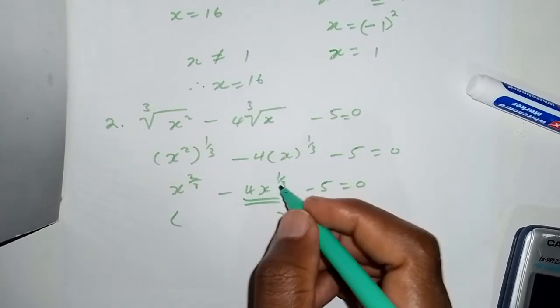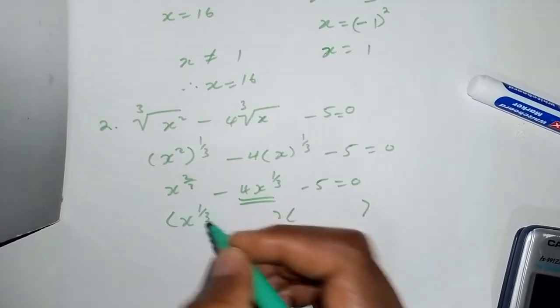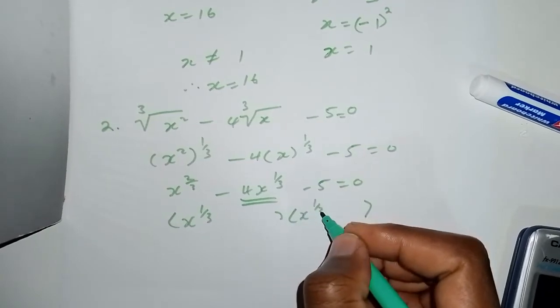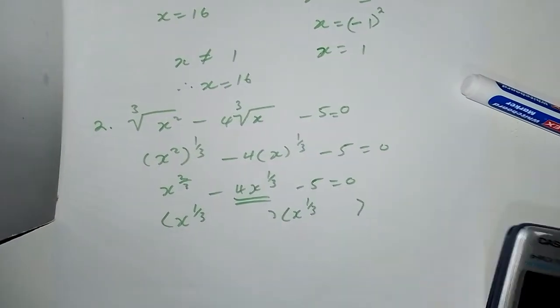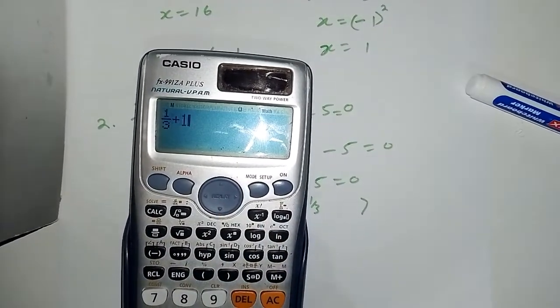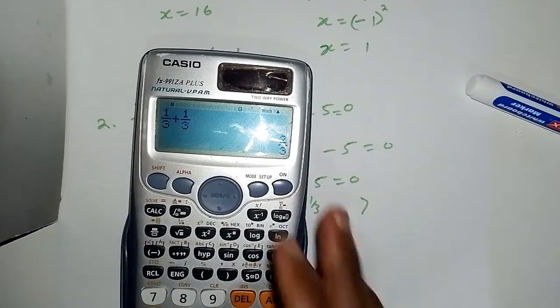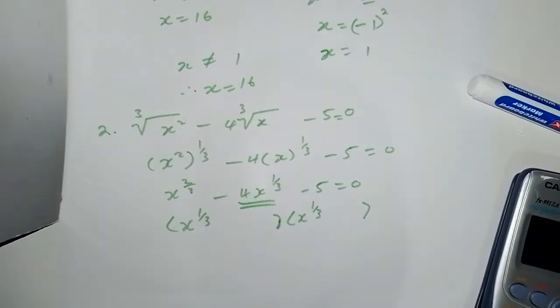If you have a middle term of 1 over 3, just know you're going to have x to the power 1 over 3, x to the power 1 over 3. 1 over 3 plus 1 over 3 is 2 over 3. If you don't believe me, let me show you. 1 over 3 plus 1 over 3, 2 over 3. There. You see, always check the middle term. The middle term will guide you on what to do.